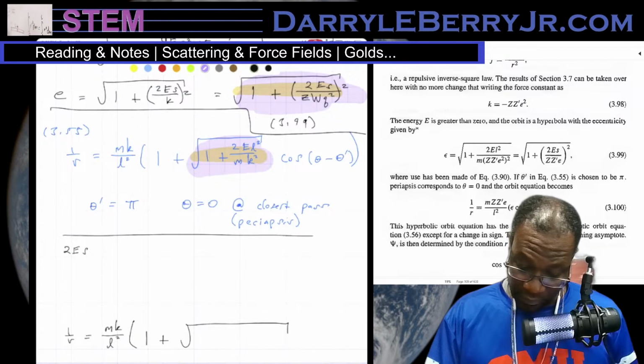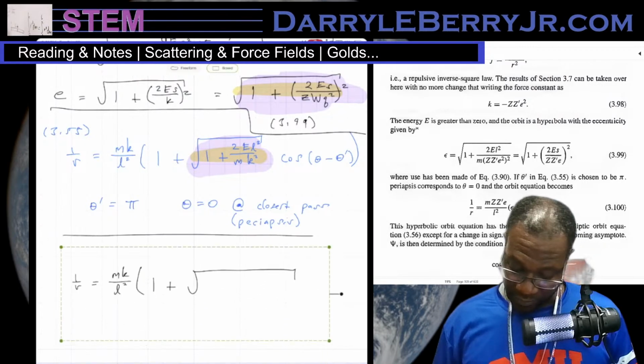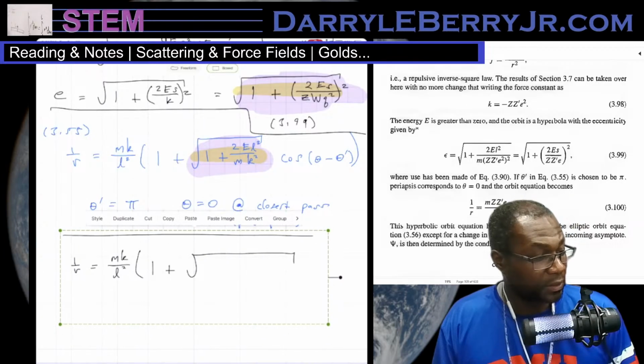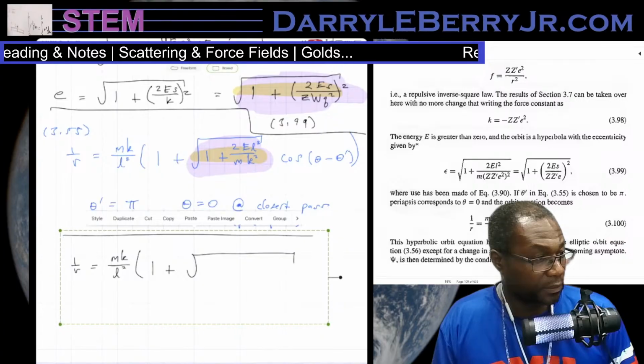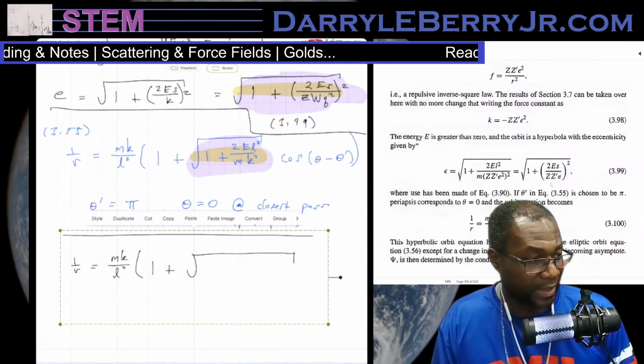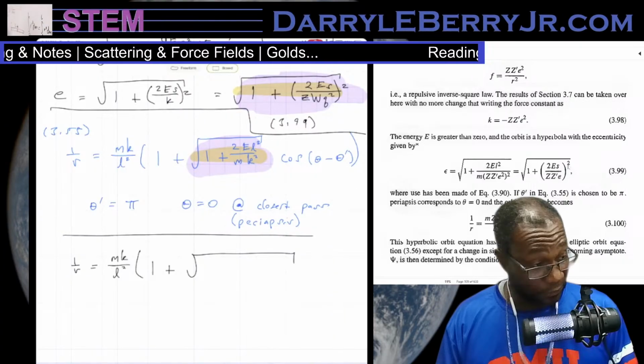So right there, instead of them saying to swap for L in equation 3.99, that was already in the form that we needed without swapping for L.